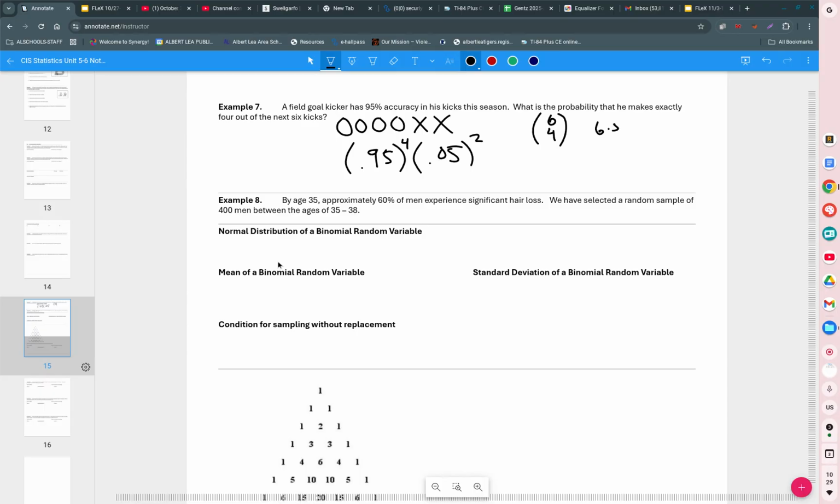So, 6 times 5 times 4 times 3 times 2 times 1, divided by 4 times 3 times 2 times 1 times 2 times 1. And so the 4 times 3 times 2 times 1 cancels off. I get 30 divided by 2, which is 15. 15 is the number that goes up front. I go ahead and grab my calculator and I type that in.